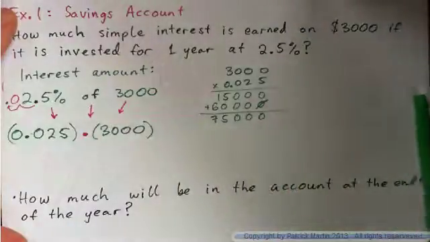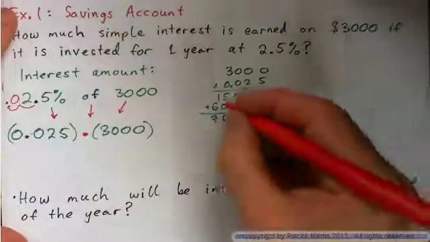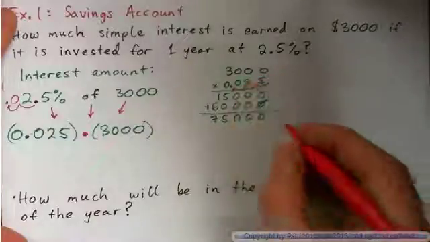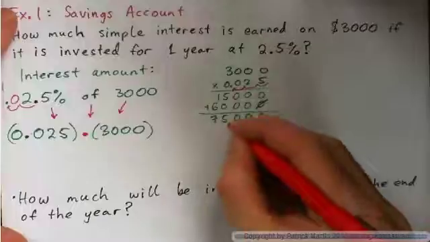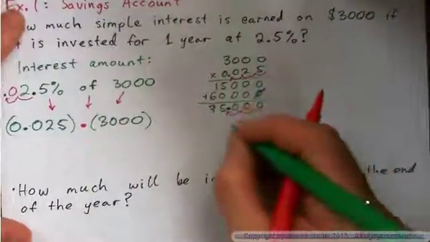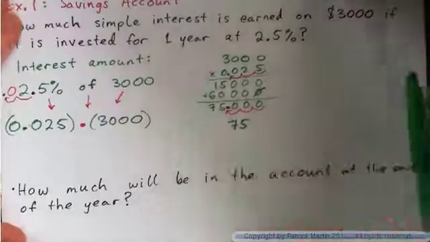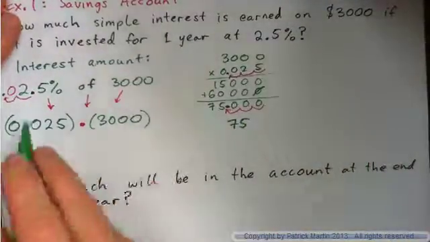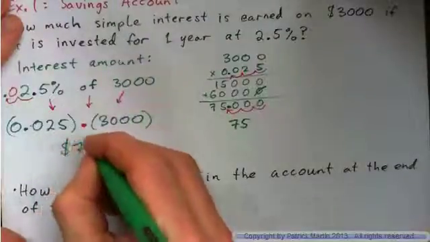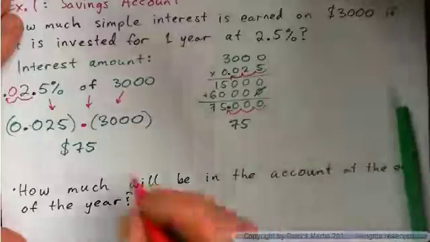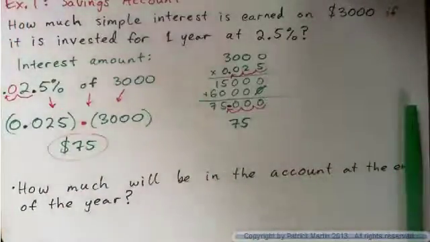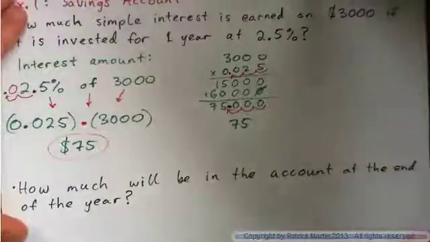So I'm getting 75, and there are 3 decimal places in the question, so 3 decimal places in the answer. So 2.5% of $3,000 seems to be $75. The interest amount is $75.